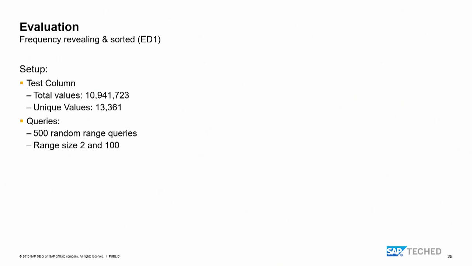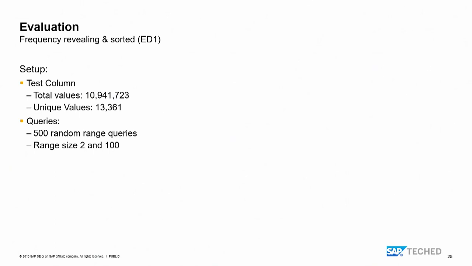On this column, we performed 500 random queries with range sizes 2 and 100. So what does this mean, range size 2 and 100? Please concentrate on me for a second. We have this 13,000 values column. We remove everything that's not unique, every duplicate. It becomes smaller, so 13,000 of them.